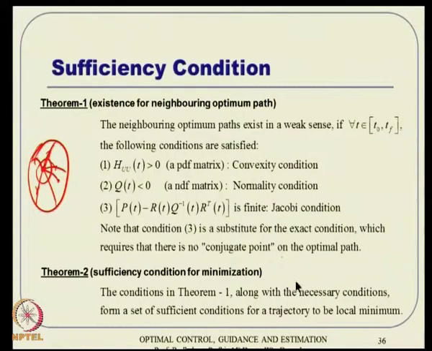So, we have the necessary conditions as well as the sufficiency conditions, and then it guarantees sufficiency for the entire problem. That means the conditions of theorem 1, these three conditions, as well as the necessary conditions form a set of sufficiency conditions for a trajectory to be a local minimum.